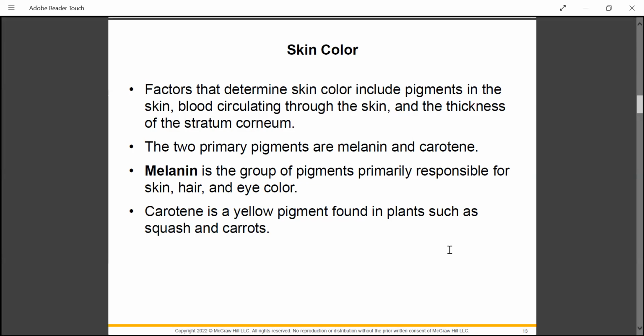Melanin is our primary pigment. It's our darker pigment. It can be a red, but usually a brown or a blackish, real dark color. And that's responsible for most of the coloring of our skin, our hair, and our eyes. Keratin, on the other hand, is more of a yellowish orange pigment. So it's not surprising that it's found in veggies like squash and carrots that share the same color.